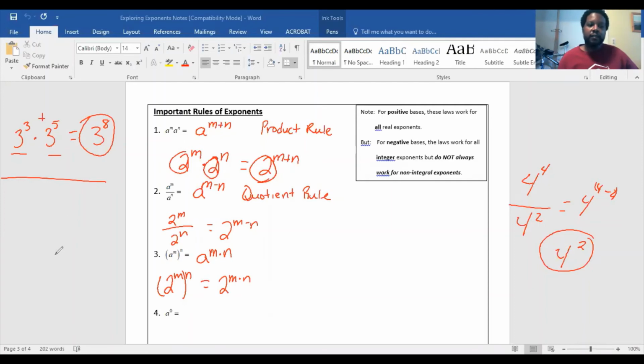And then another example over here, if I have 3 to the 3rd power raised to the 5th power, I just do 3 times 5, but I keep my 3 as the base. 3 times 5 is 15, so it'd be 3 to the 15th. This is what we call the power of products rule.